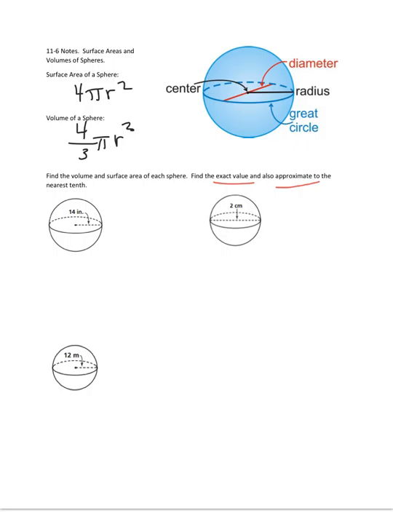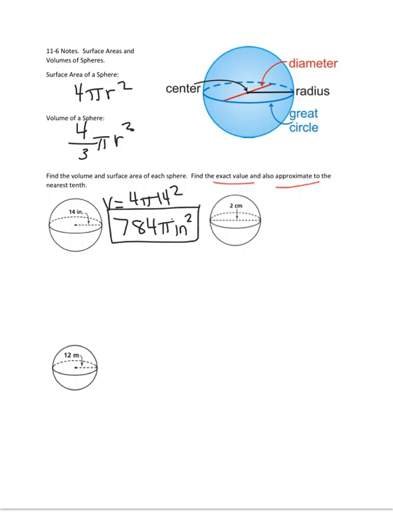So remember, exact is going to be in terms of pi. So for the exact, you write surface area equals 4 pi 14 squared, and you're going to keep the pi in front. So it's 784 pi inches squared. That's exact.